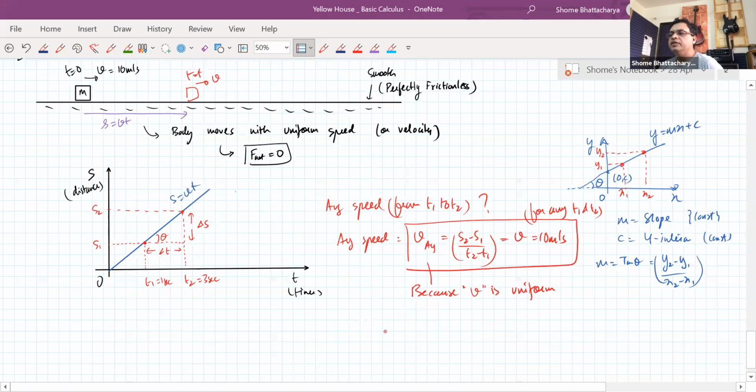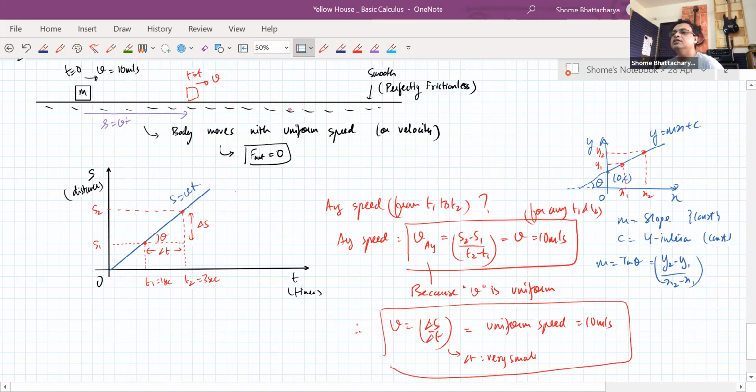So even if I make, therefore, instantaneous speed, which is delta s by delta t, for delta t being very small, that will also be equal to the uniform speed only, which will be 10 meters per second.